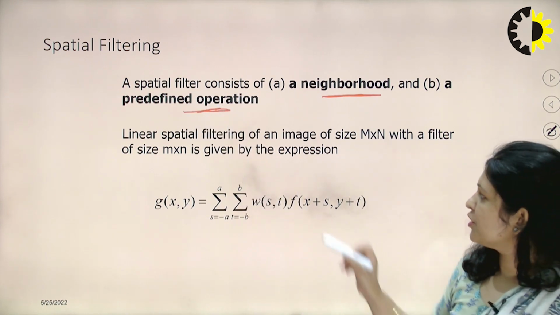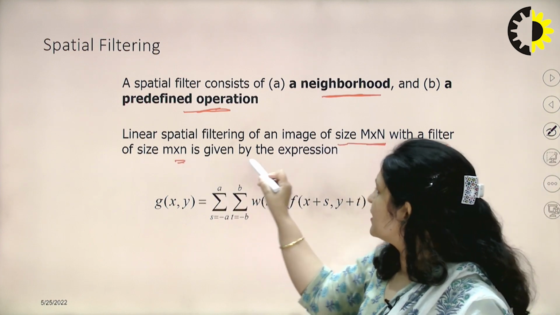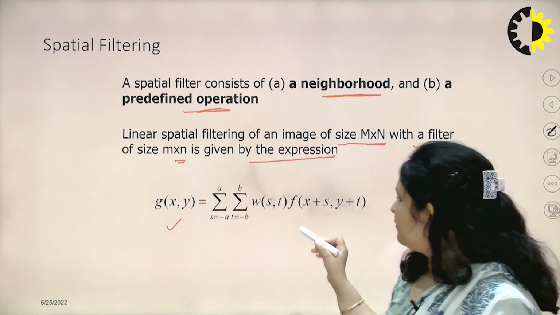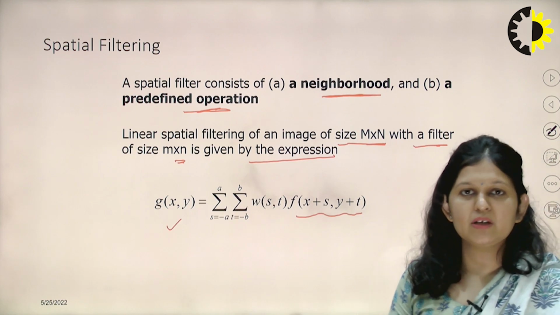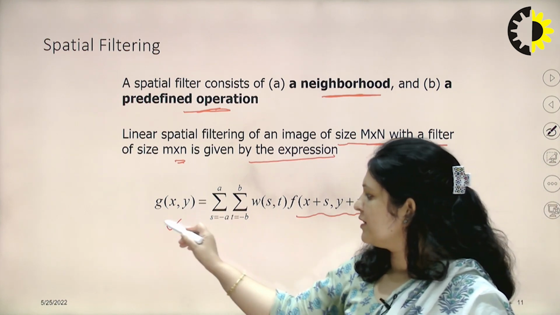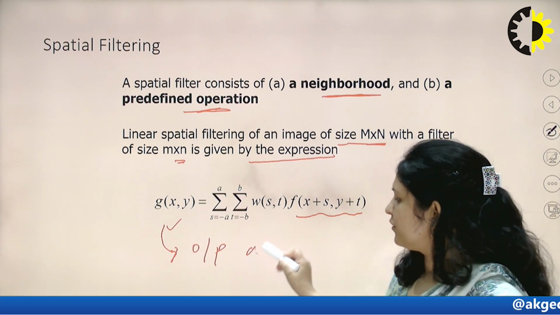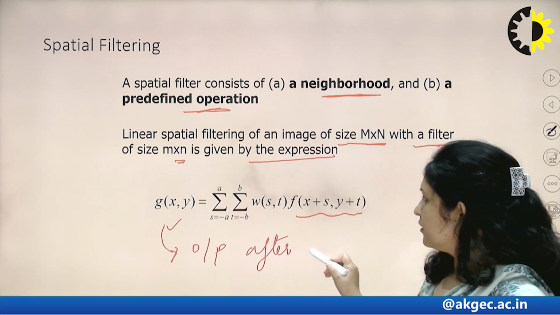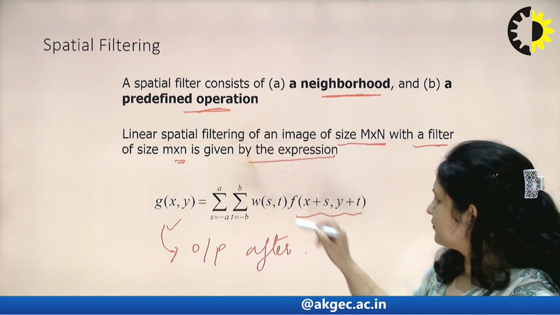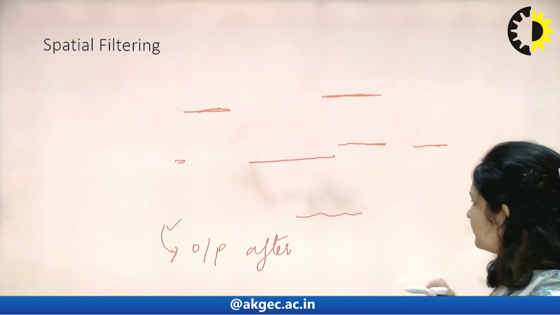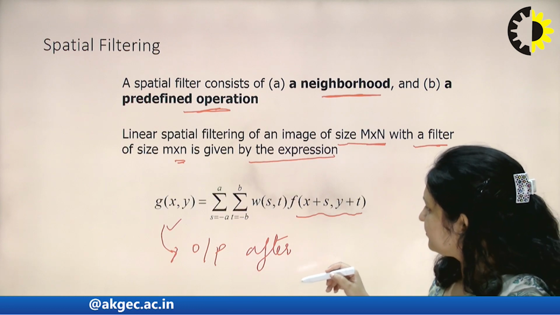The linear spatial filtering of an image of size m cross n with a filter of size m cross n is given by this particular expression, where f of x plus s comma y plus t is my input image, and g of x comma y is my output image after applying the filter.